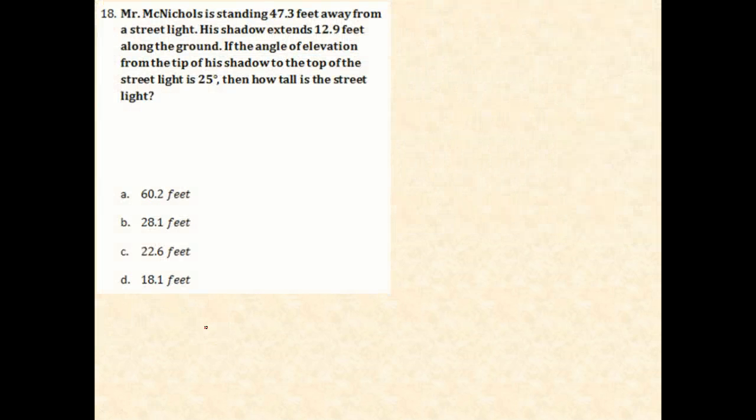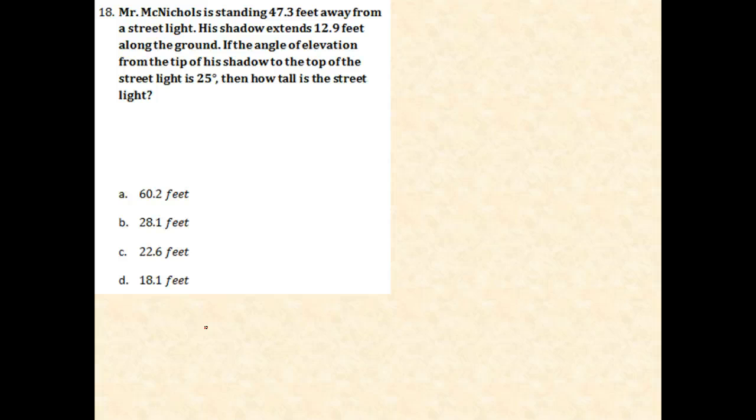Mr. McNichols is standing 47.3 feet away from a street light. His shadow extends 12.9 feet along the ground. All right, let's draw a picture of that. Here is a street light. Here is the ground.